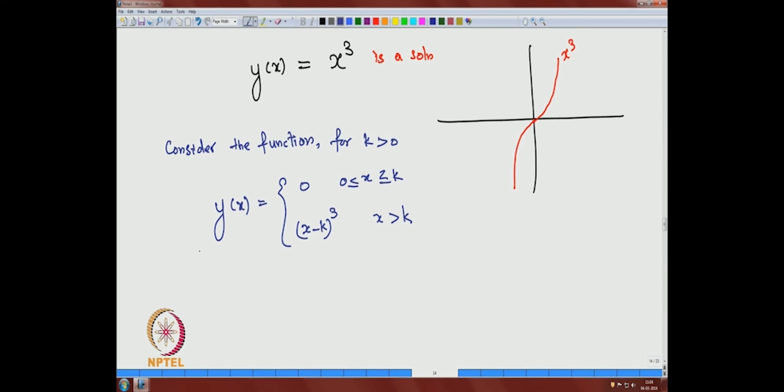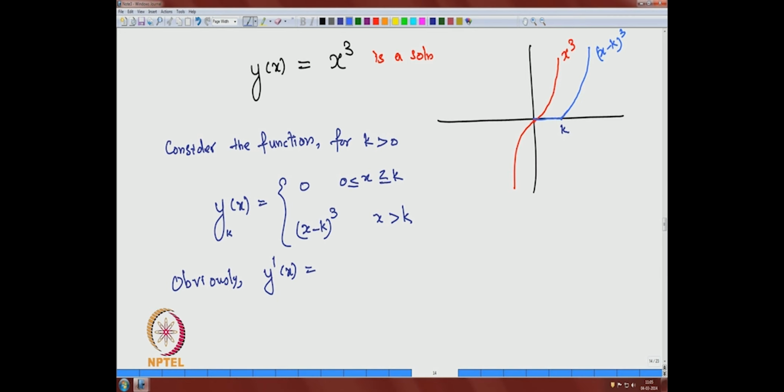So for every k you have this function, call it y_k, and obviously if you differentiate it, up to k, say this is k, the value of the function is 0, and from k the function is smooth, (x - k) cube.